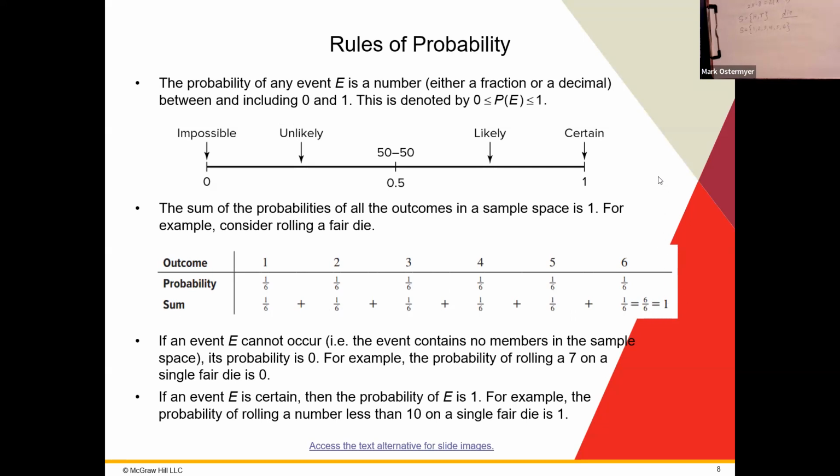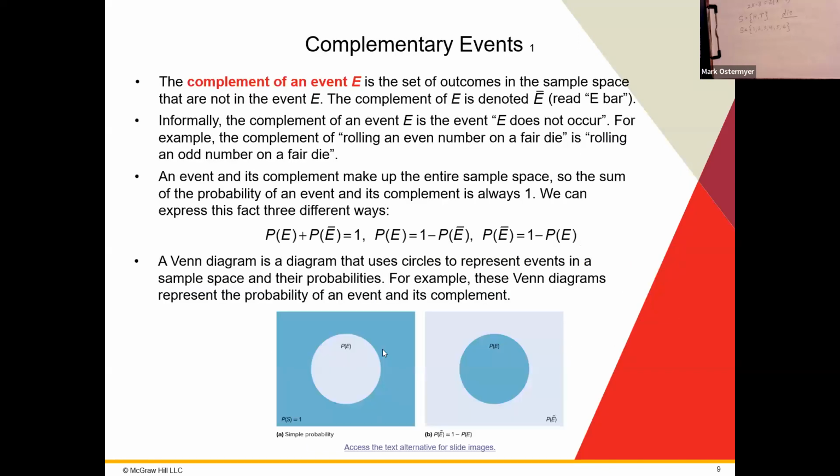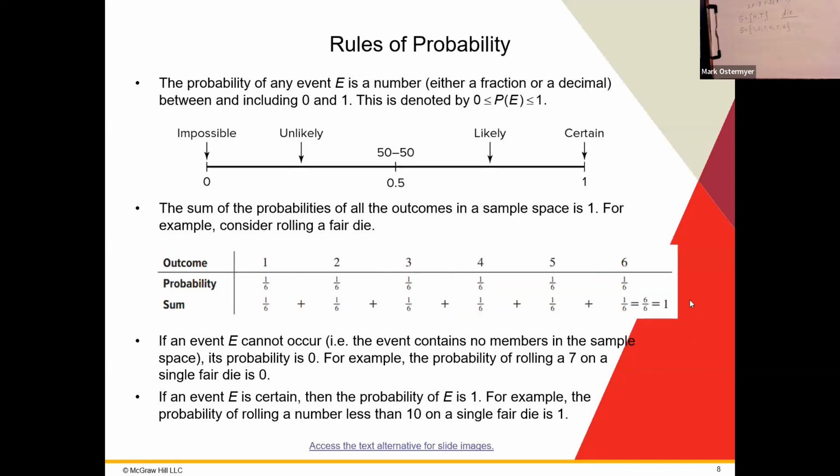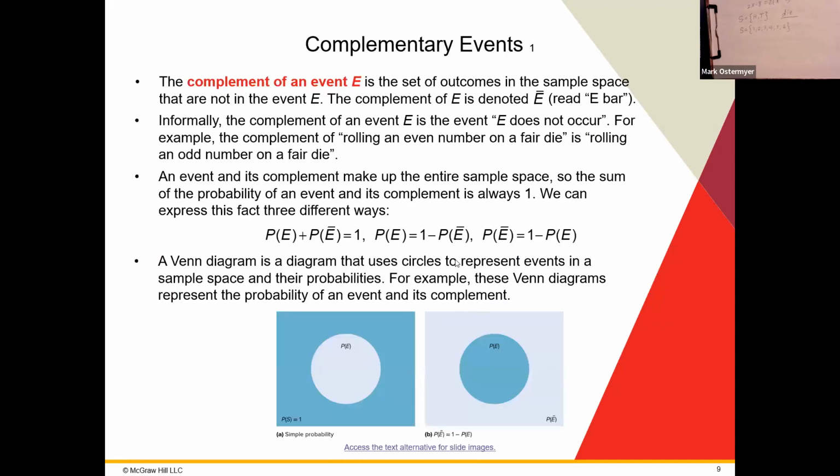So that's critical. Whenever you have a probability experiment and you have the sample space with all the outcomes of the experiment, the sum of all the probabilities from that sample space must always be equal to 1. And that becomes more important when we start getting into probability distributions, whether discrete or continuous, down the road.